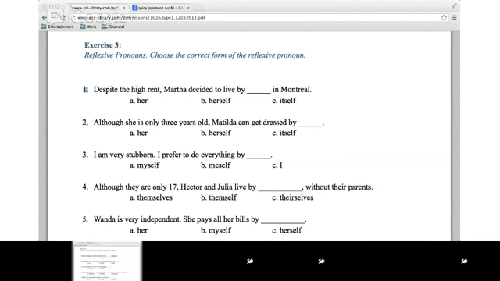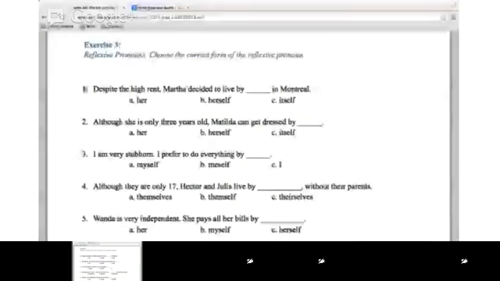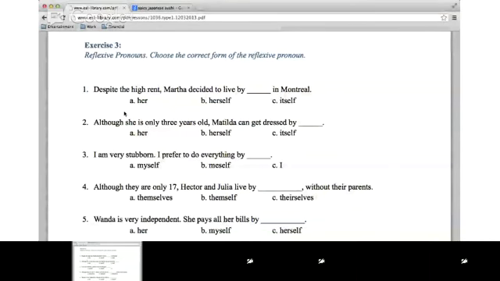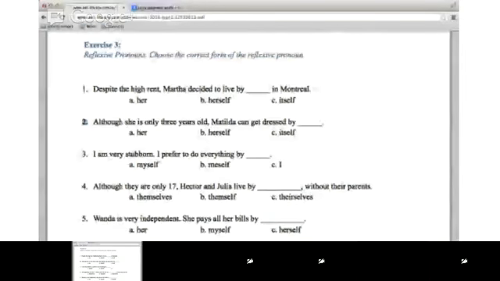This is for Elizabeth. Despite the high rent, Martha decides to live by herself in Montreal. Good. Yes. Decided to live by herself in Montreal. Okay, great. How about number 2?